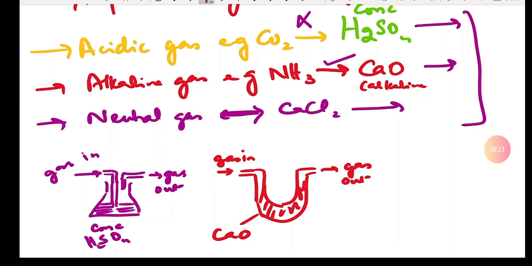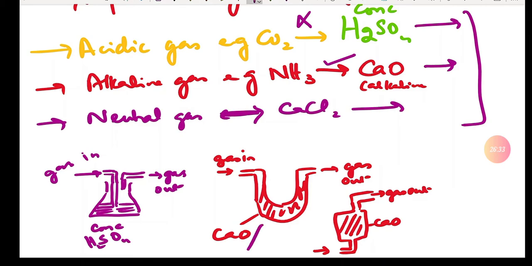You can also use another apparatus where gas is in and you have a container in which your calcium oxide is fixed and here gas is out. Similarly, for calcium chloride as well, you can use the same apparatus. You can add calcium chloride over here or over here because they are in solid form, so you can use both of them. This is about collecting a dry sample.